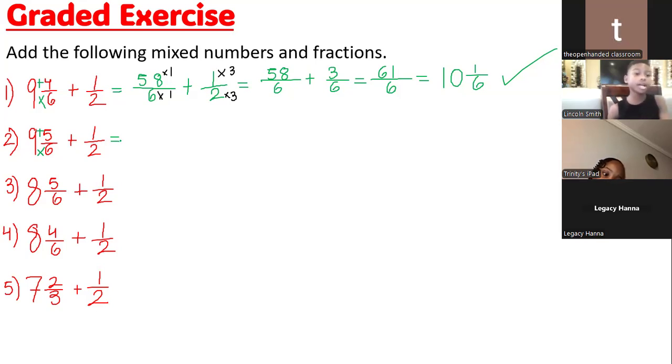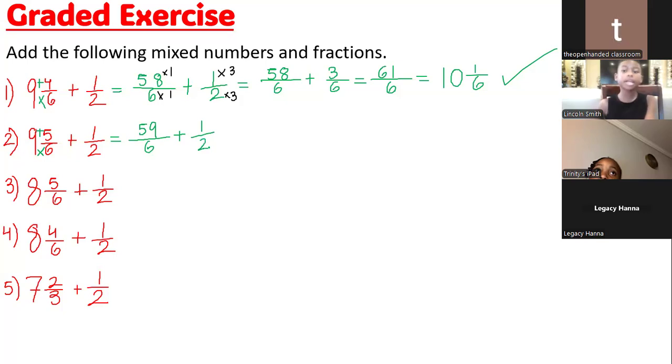To do that, we do 6 times 9 plus 5. So 6 times 9 is 54 plus 5 is 59. Then we keep our denominator as 6, so we have 59 over 6 plus 1 over 2. Very good.